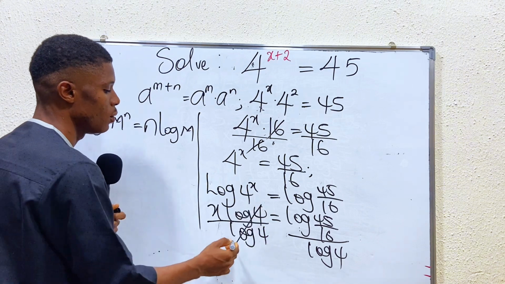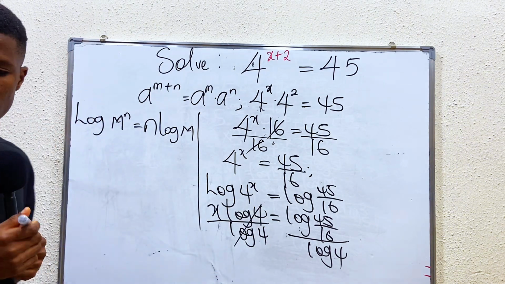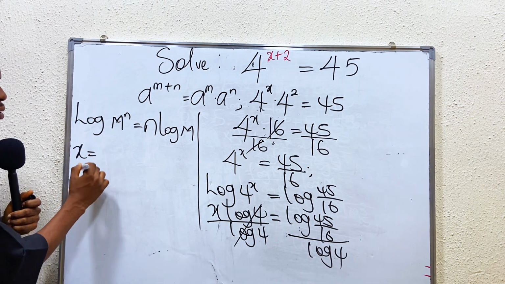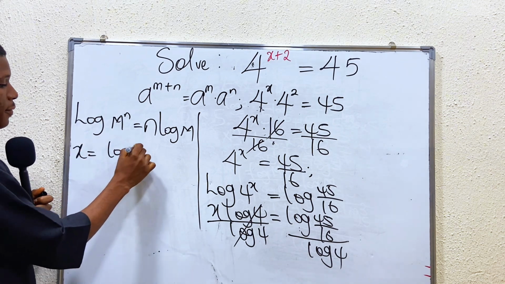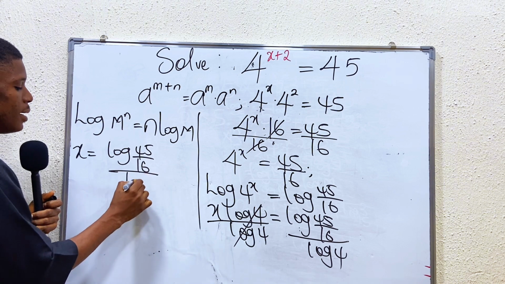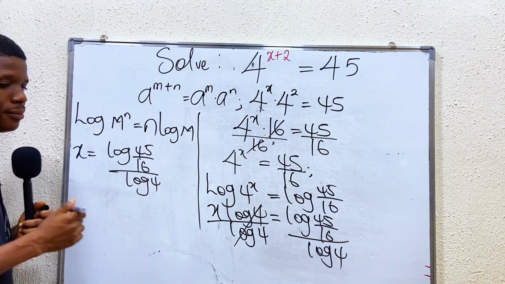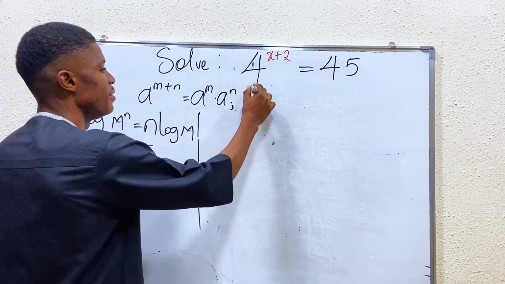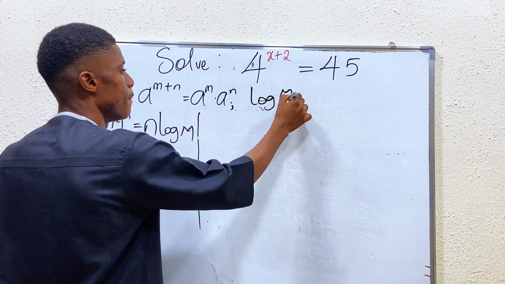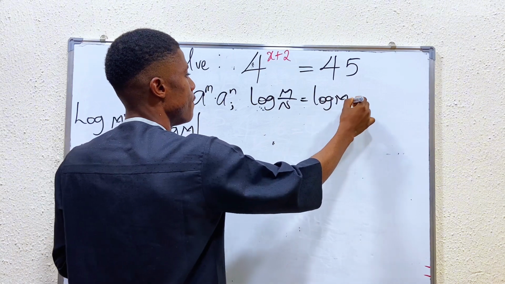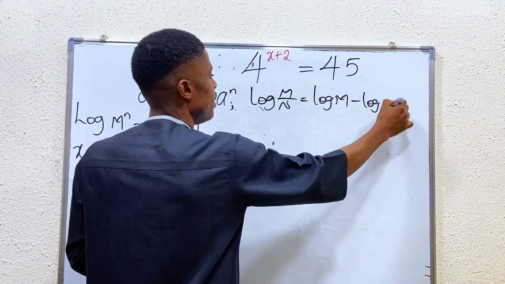So that log 4 will cancel out log 4. And this will give you that x is equals to log of 45 over 16 divided by log 4. The law of logarithm says that whenever we are dividing, log of m over n is the same thing as log m minus log n.